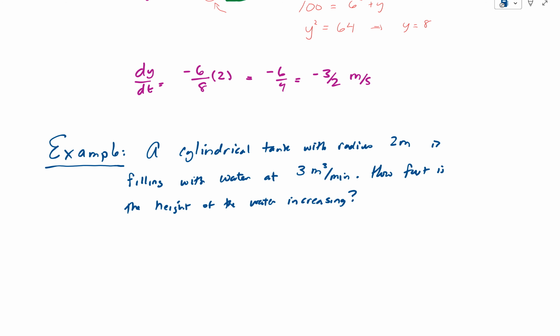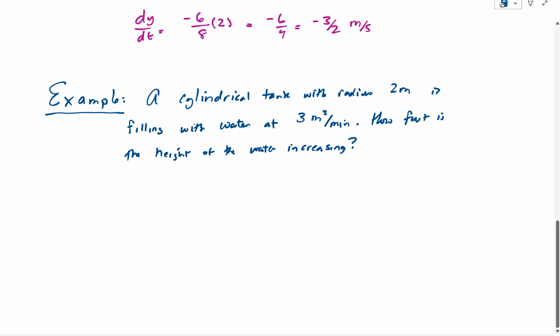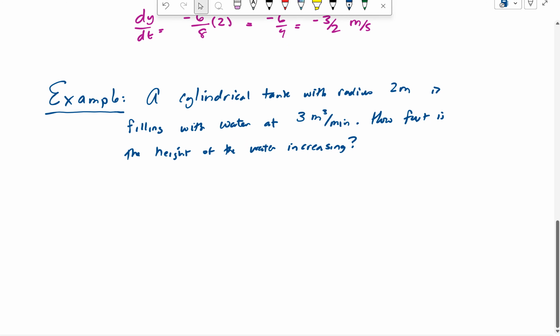Okay, so we have a cylindrical tank with radius 2 meters, and it's filling with water at 3 meters cubed per minute. And we want to know how fast is the height of the water in the tank changing. So let's start with a picture. I have a cylindrical tank here like this.